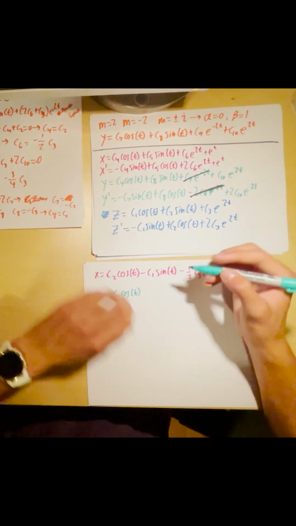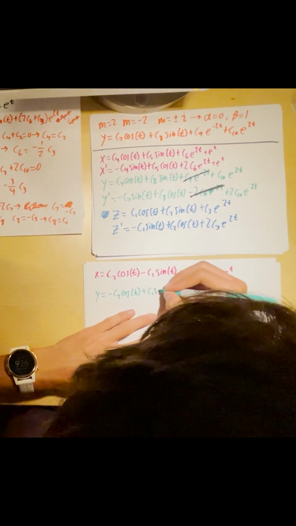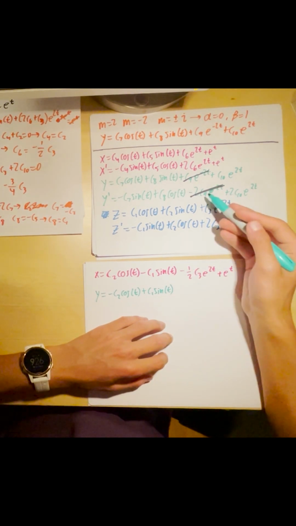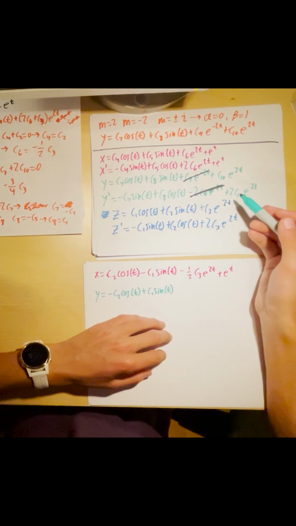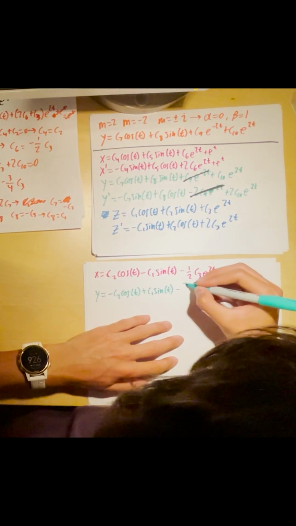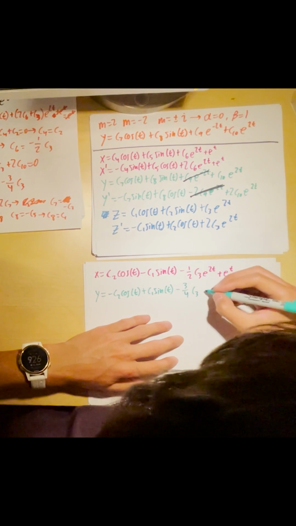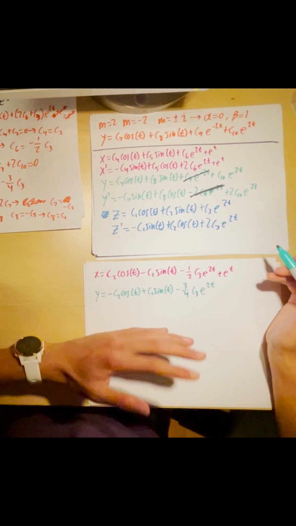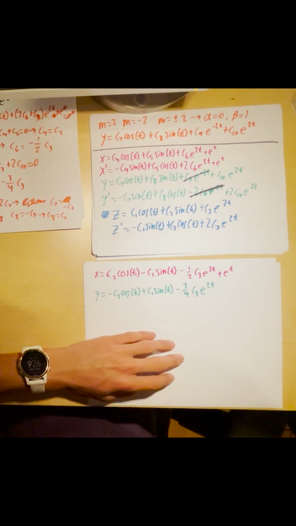C1 plus C1 sine of t. We eliminated the C9. What do we get for C10? Well, we got negative 3 over 4 C3. Negative 3 over 4 C3 e to the 2t. There was no non-homogeneous part, so that's what we get for y.